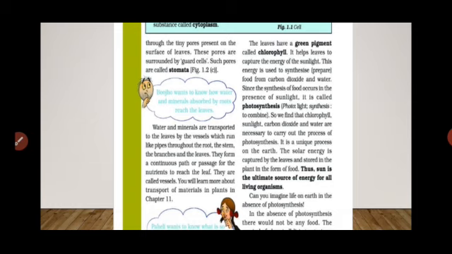Water and minerals are transported to the leaves by vessels which run like pipes throughout the root, the stem, the branches and the leaves. Students, we know that water and minerals are absorbed by roots, but how are they transported to the leaves and many other parts of the plants?